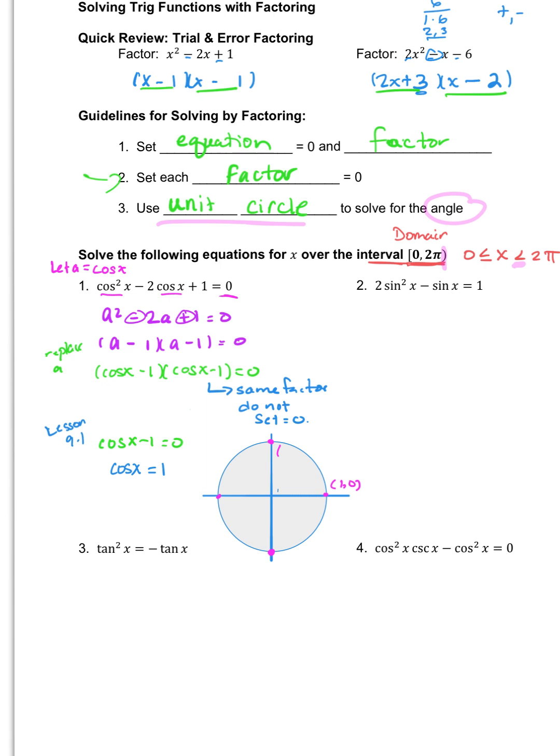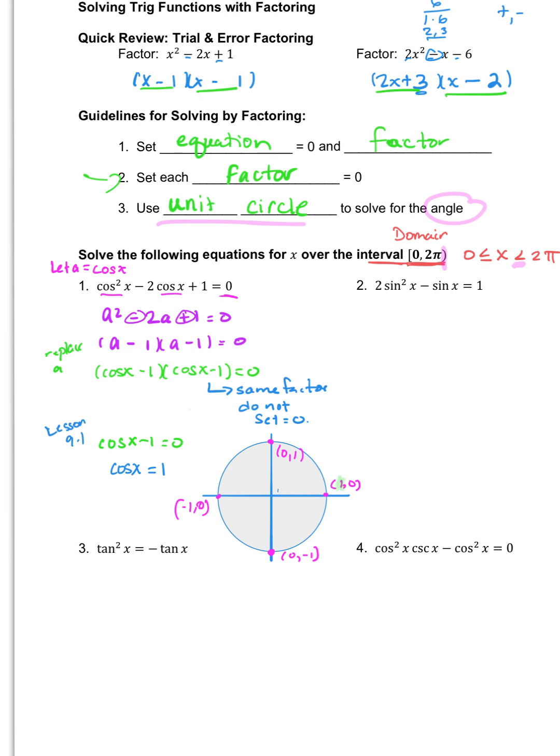This is 0, 1, negative 1, 0 here. And then we have 0, negative 1. Cosine is the x value. The only way that works is here at this area here. This is where cosine is 1.